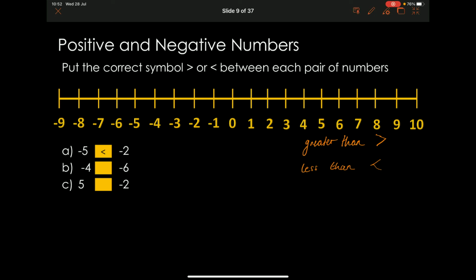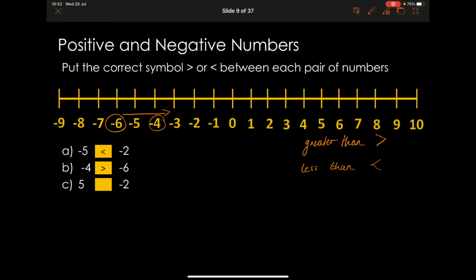So -5 is actually less than -2 because it's colder. Remember what I said, the greater negative is actually smaller. -4 is greater than -6. If we look at this on our chart, here's -6, and I told you that if we go this way, it actually increases in value, it gets bigger, and -4 is here.